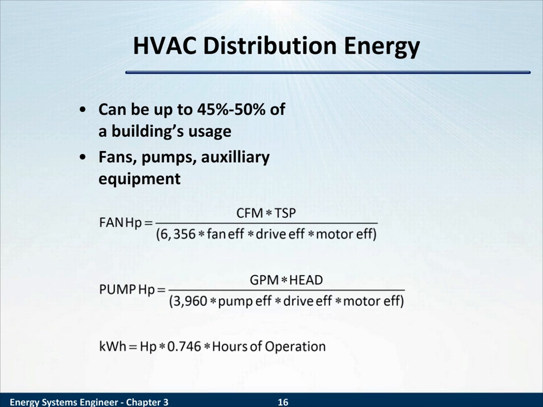Likewise for pumping, if you can reduce the flow, the gallons per minute on a pump, you can reduce pump horsepower. And how would you do that? Well, if you don't need as much cold air supply to your ducts, let's say the cold water you're supplying to a coil comes back out and it's still really cold.